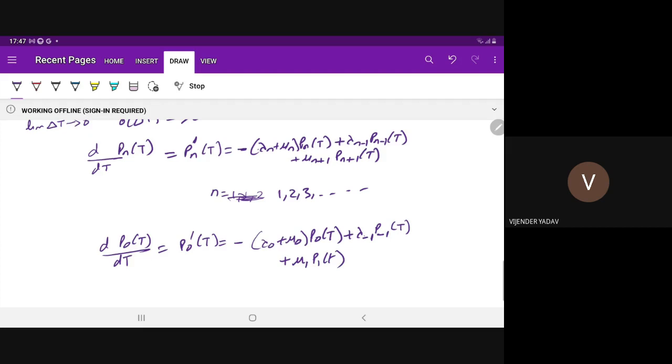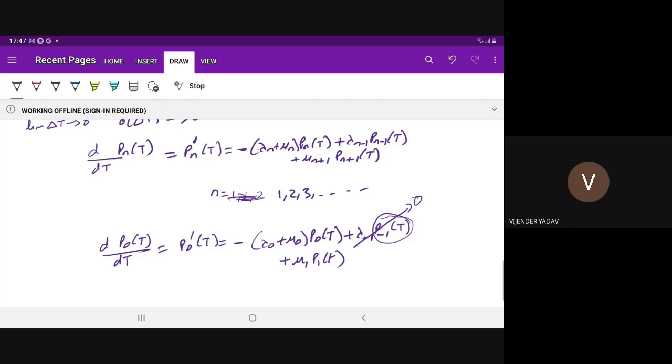So can the number of customers be negative? Number of customers cannot be negative, right? Either we have zero customers or a positive number of customers. So number of customers cannot be minus 1. It means this probability is equal to 0. And when there is no customer, whom will you provide the service to?